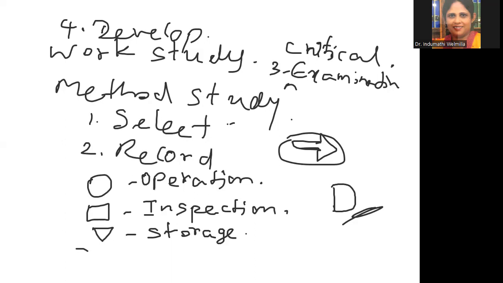And sometimes after the new method is developed, it should be recorded in the same manner as the old method, and the two are to be compared, old and new, right? All these things we have to do under the development step. And not the final one. The next one, the fifth one, is install.